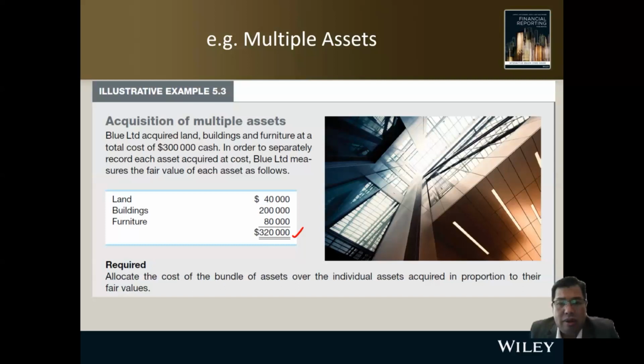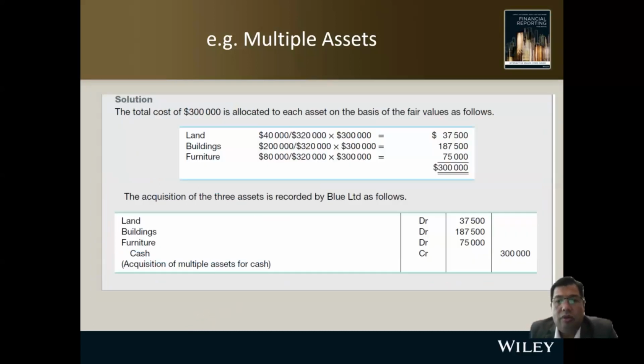So what we need to do now is allocate the cost of the bundled assets over the individual assets acquired in proportion to their fair value. So I'm going to use a formula here. 40,000 multiplied by 300 divided by 320.